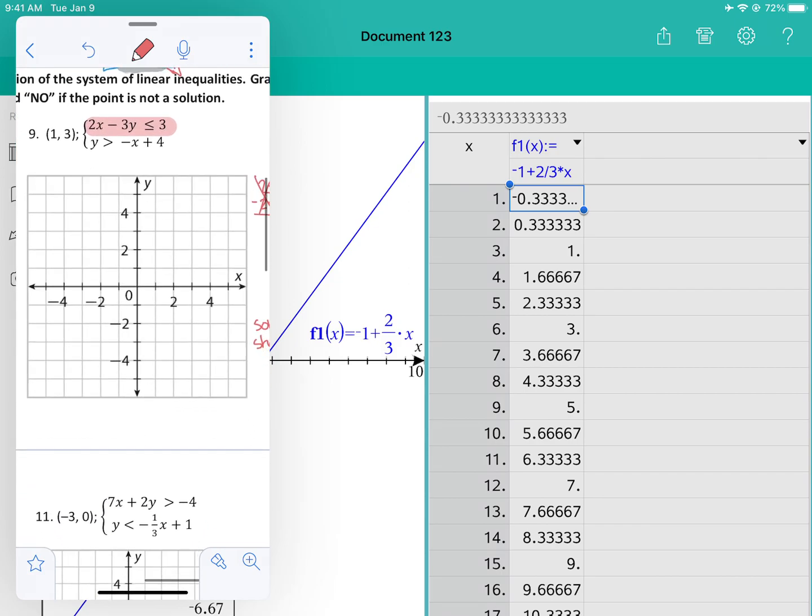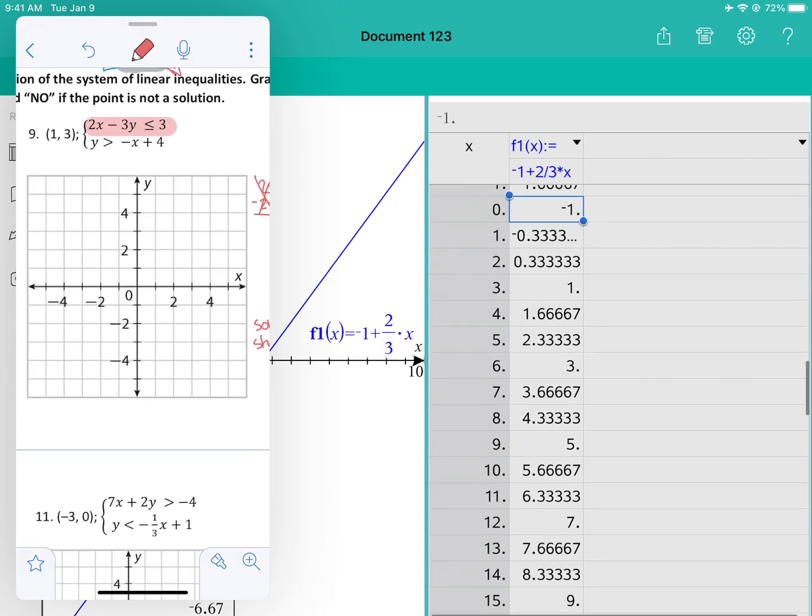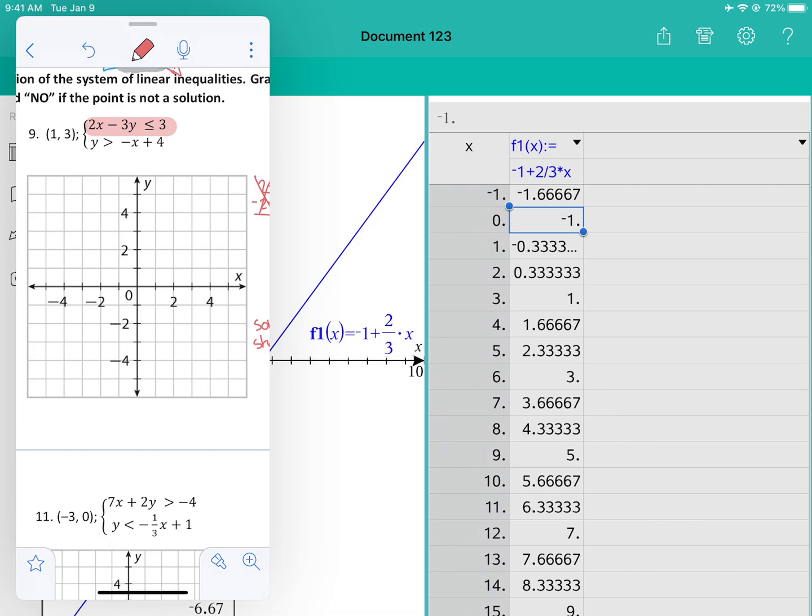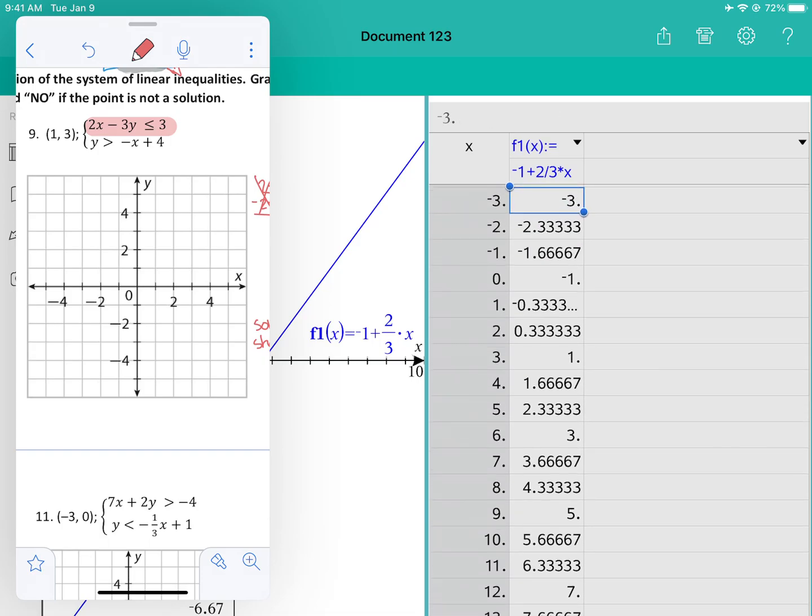Okay, so I'm going to start with 0, -1. Oh, I could do -3, -3. Sometimes we can't do all of them, sometimes we can. So -3, -3 works. I'm going to go to 0, -1. I'm going to go to 3, 1, and then 6, 3. I have just enough space, which is right here.